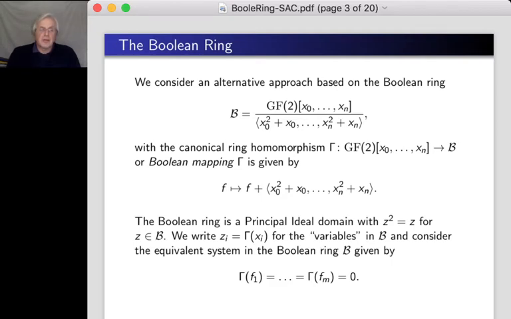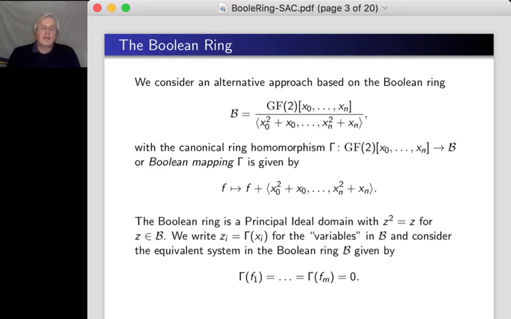This Boolean ring is a principal ideal domain, and it also has the property that for any element in the Boolean ring z squared equals z. So when we're dealing with the Boolean ring, we will typically use zi to represent the variables of the Boolean ring, where zi is the image under this Boolean mapping of xi.